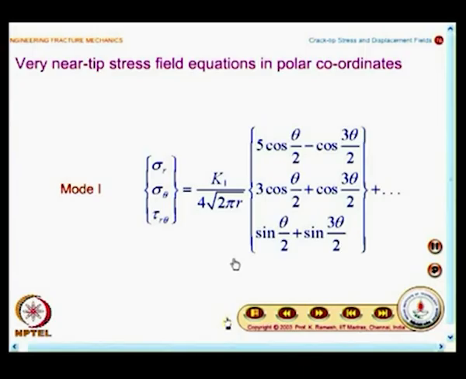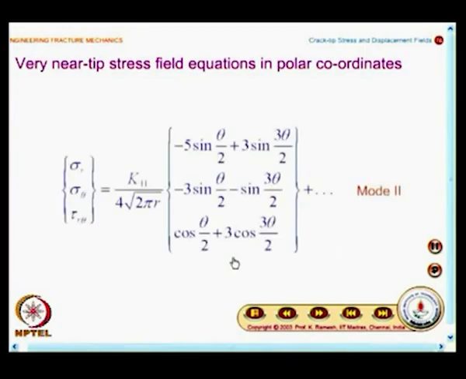On similar lines, you could also obtain the stress field for mode 2, and mode 2 it is like this. So, I have sigma r, sigma theta and tau r theta, which is given as k2 divided by 4 root of 2 pi r multiplied by minus 5 sin theta by 2 plus 3 sin theta by 2.